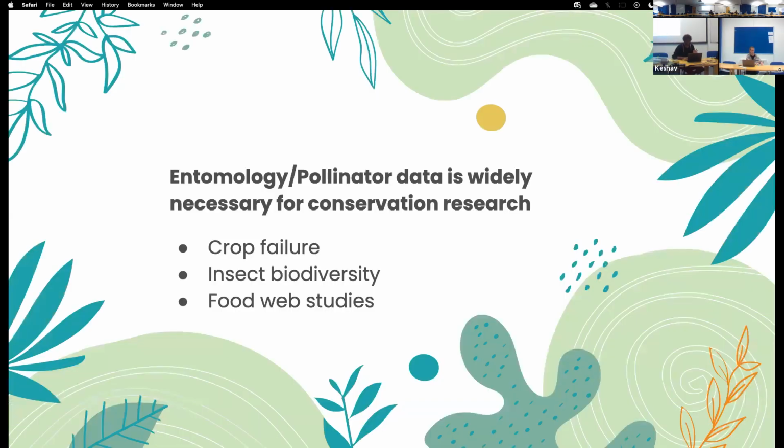Next slide. Mainly, entomologists are working on crucial conservation work. Specifically, they're working to look at how insects and pollinators interact with crop harvests and crop failures.